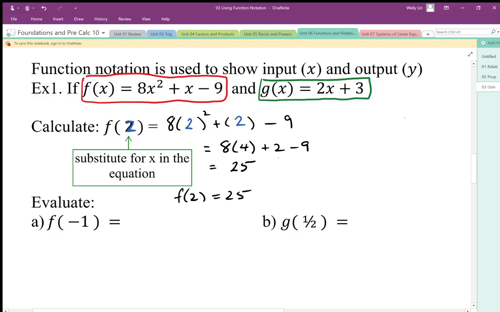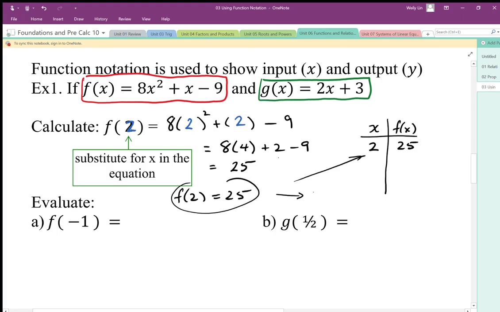And what that means is, if I make a table of values, there's my x, there's my y, x is 2, y is 25. It allows me to get an ordered pair in the relationship. So this implies that we can get this. We can also imply that we have an ordered pair, 2, 25, and we can put that in a table.